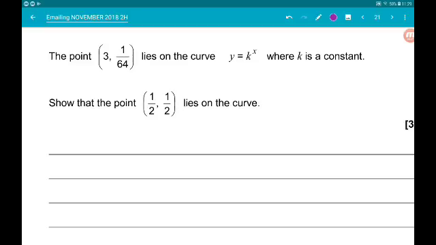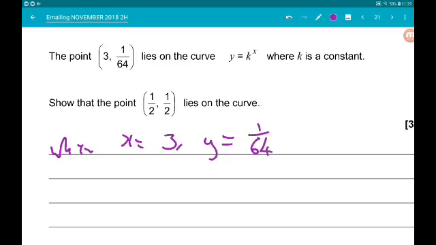So remember, coordinates tell us that at a particular point, when x has a certain value, y has a certain value. So, we know when x is 3, y is 1 over 64.